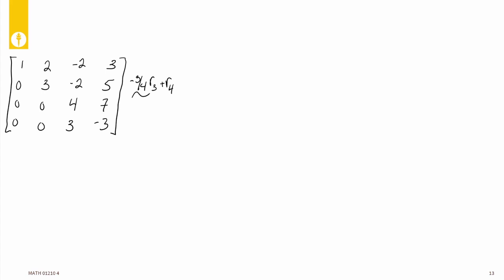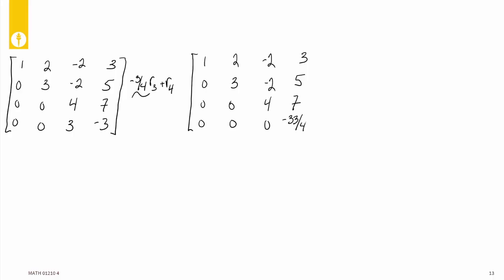So negative 3/4 row 3 plus row 4. This will get us to our upper triangular. Negative 21/4 minus 3. What was it? Yeah. There's you. Thankfully, we're not going to have to work with that negative 33/4 anymore.